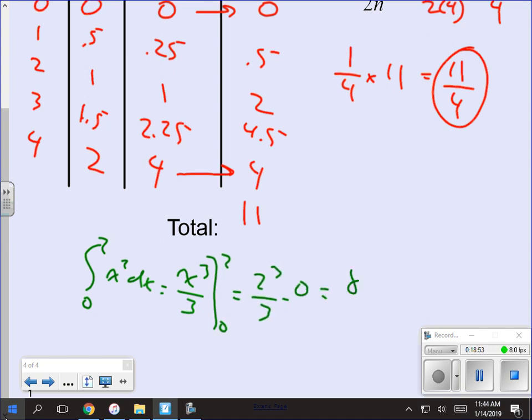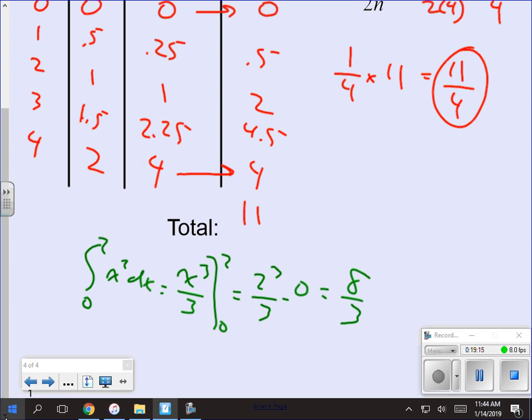So I get 8/3. 11/4 and 8/3. 11/4 is 2.75, and this is 2.66. Not bad, considering I only broke it up into 4.